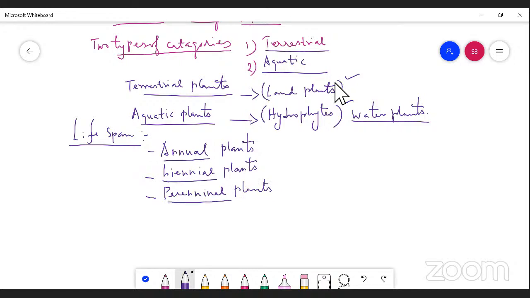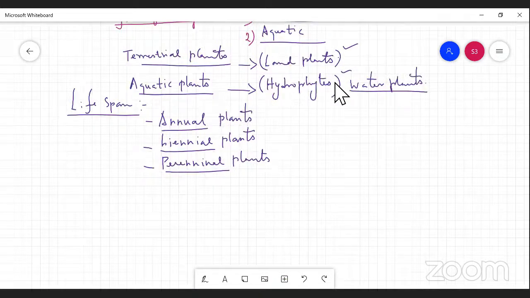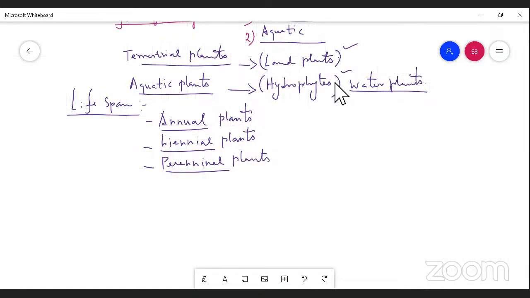Let us discuss the first one, annual plants. What are annual plants?